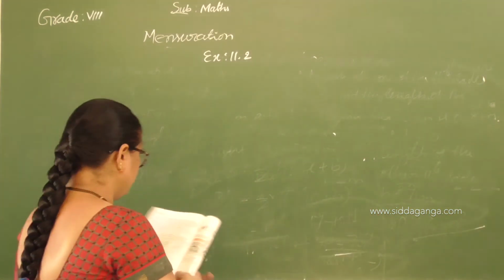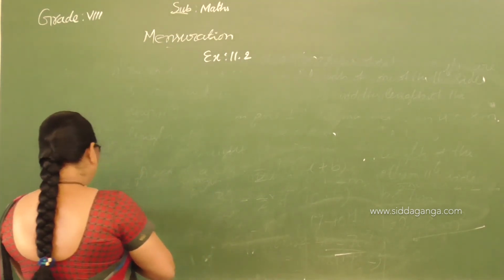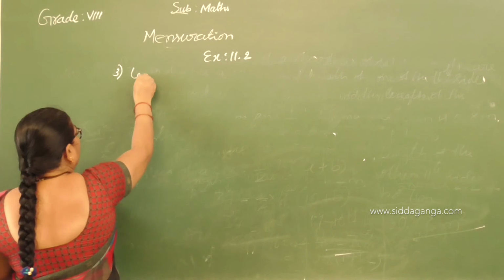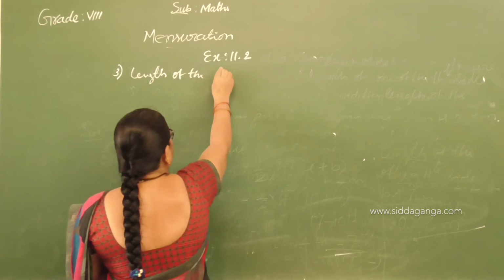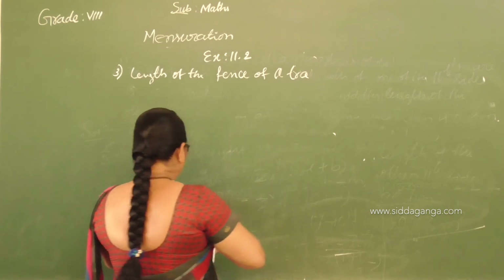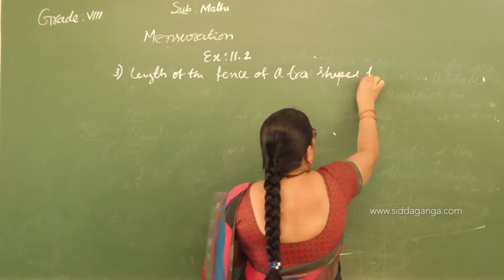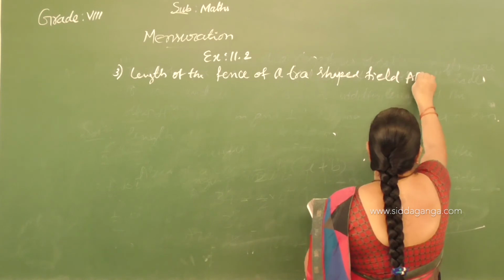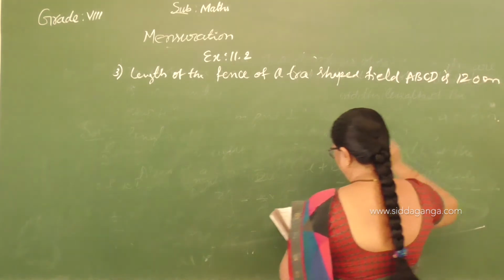Next, third one. Length of the fence of a trapezium shaped field ABCD is 120 meter.